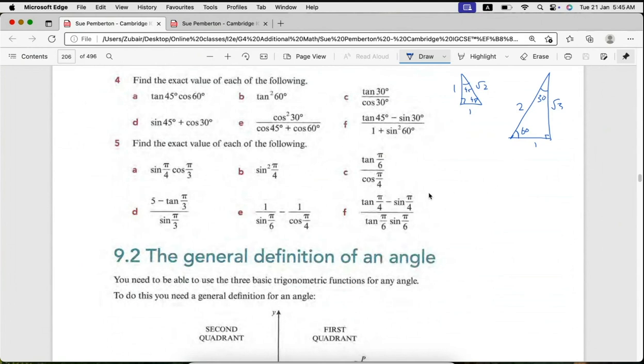Cos 60, yes. 1 into 1 by 2 is just 1 by 2. That's correct. B is going to be 3.